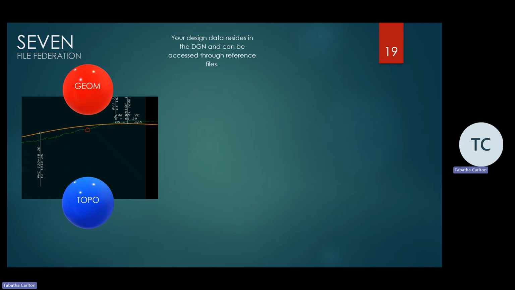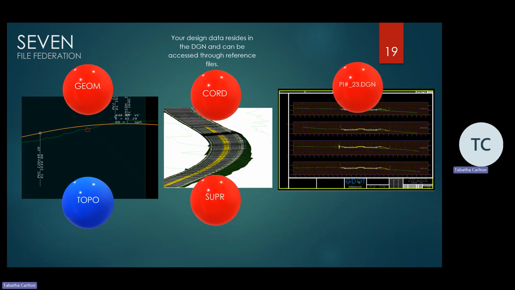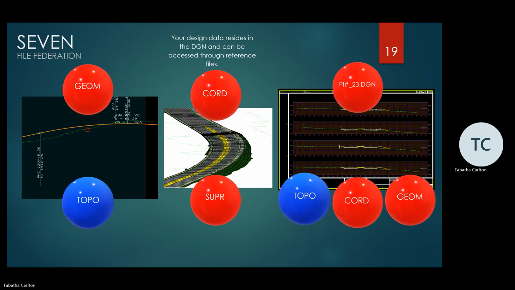If I'm in the corridor and I want to see my super elevation, I attach my super elevation to it. And the cross sections, they have topo, the corridor, and the geometry. It's getting the design data from all those reference files. So that's kind of what file federation is.